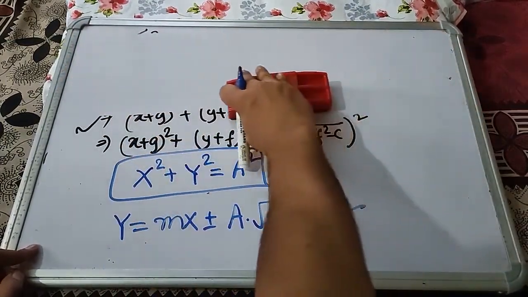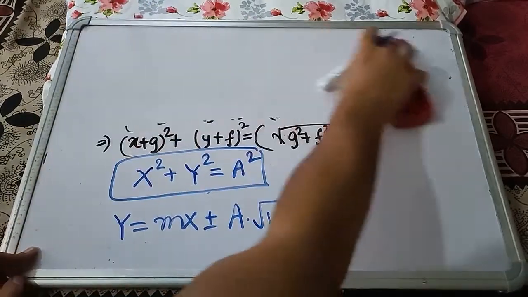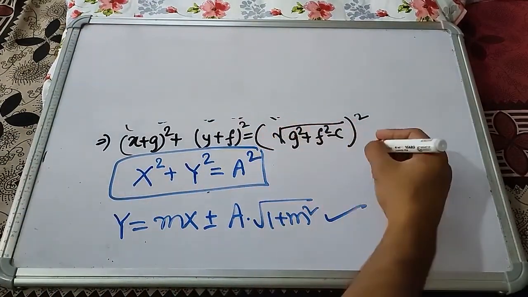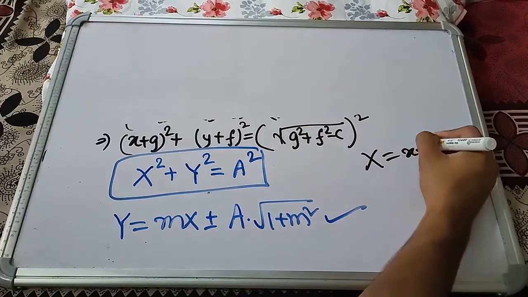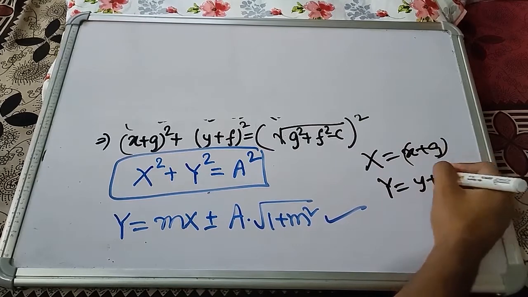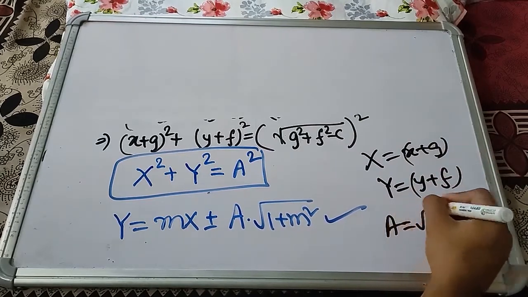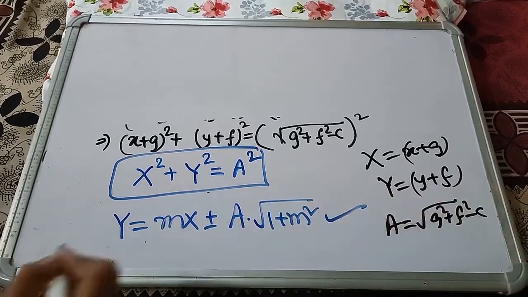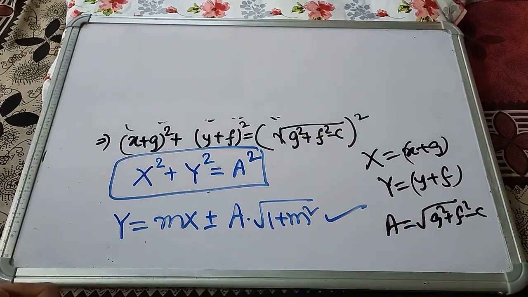So what we need to do now is that in place of capital X and capital Y, what was x and y? Capital X was actually x plus g and capital Y was actually y plus f, and a was root under g square plus f square minus c. Correct? This was a.